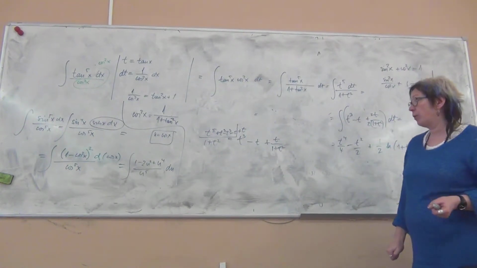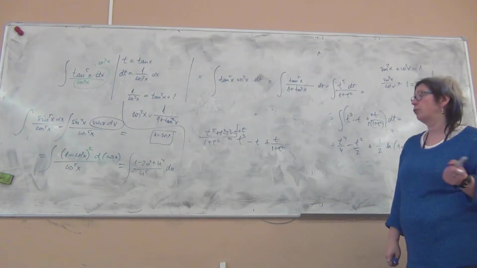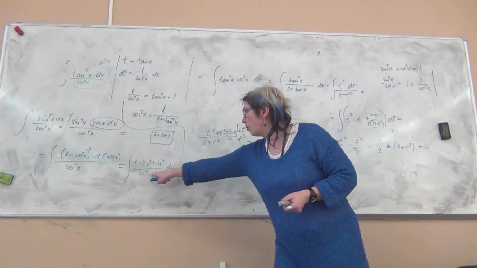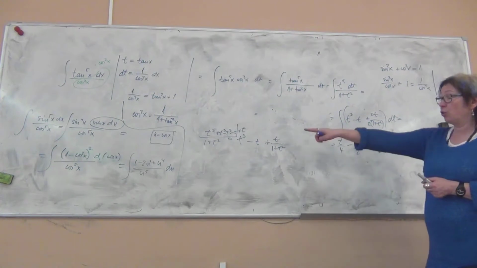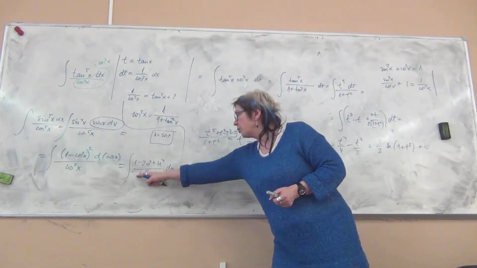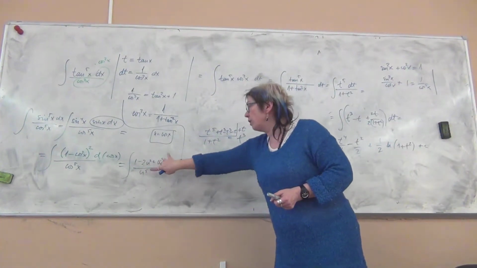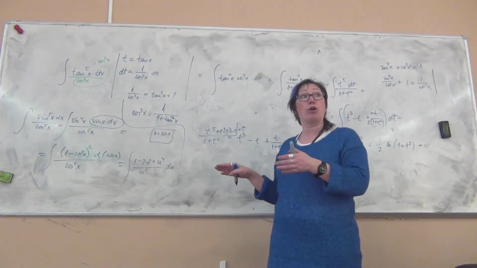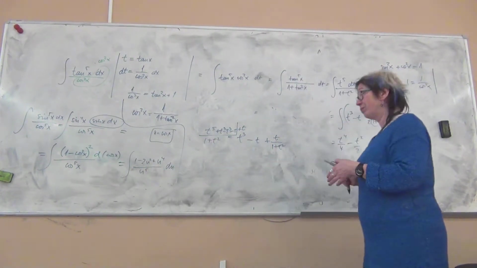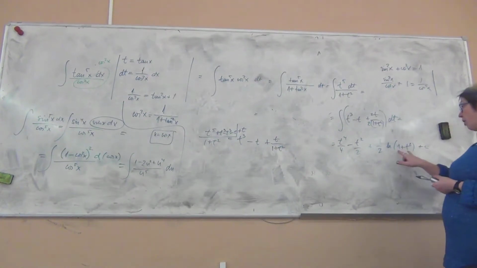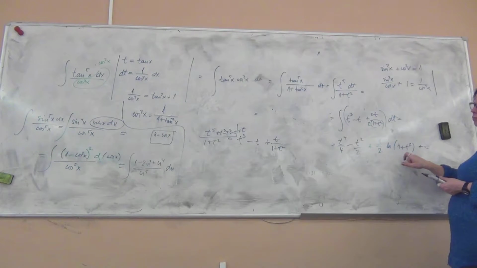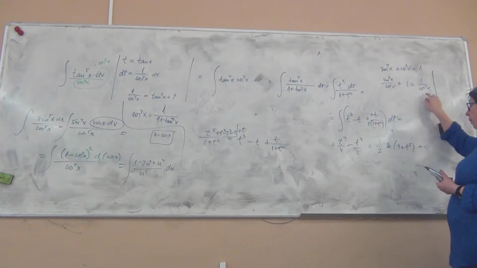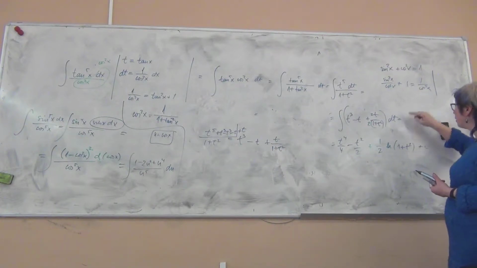And obviously there would be something like natural logarithm of cosine, because it's u to the power minus 1. This is 1 over u. So I would have natural logarithm of cosine, which is interesting enough, because here I have natural logarithm of 1 plus tangent squared, but it can be explained in these terms.